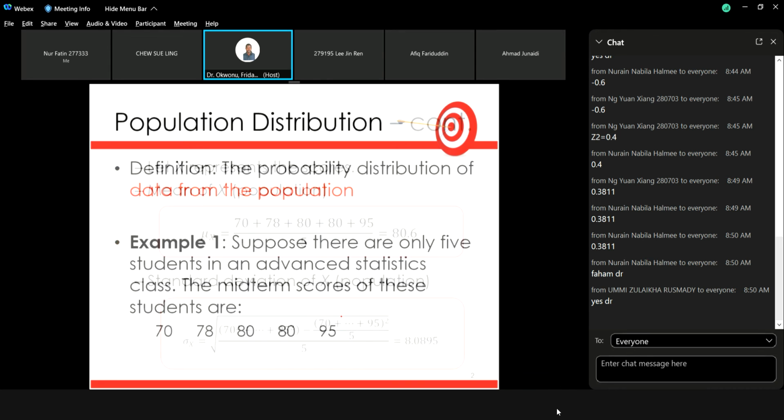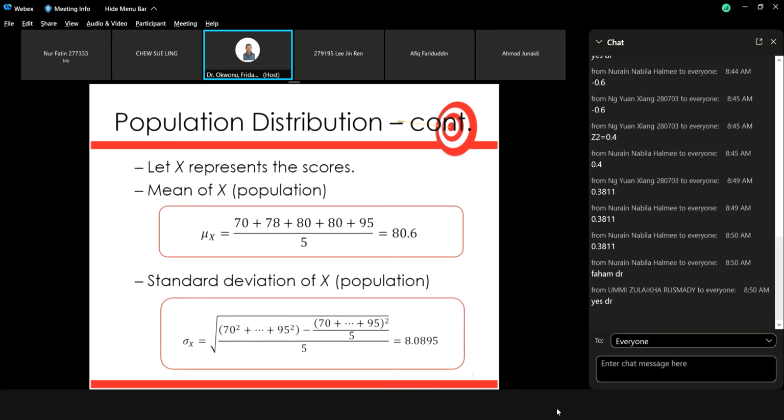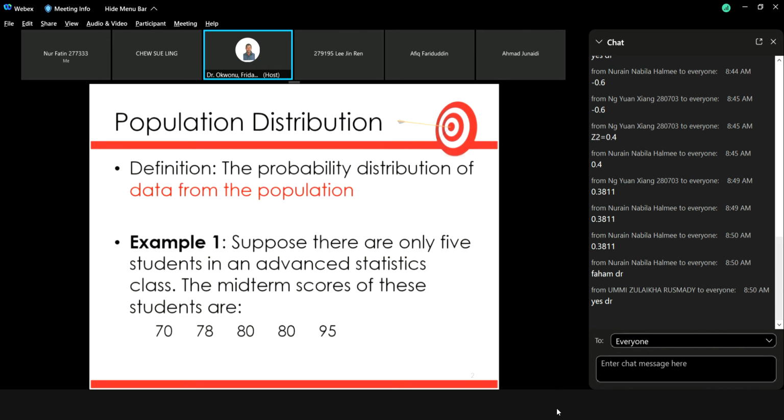Okay. Now, we want to look at population distribution. So we say, let S represent the scores. So the mean of S, that is the population mean, written as mu X, is given as this. You add up everything. 1, 2, 3, 4, 5.